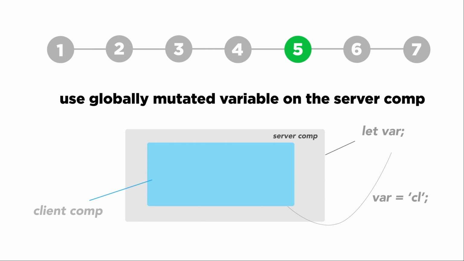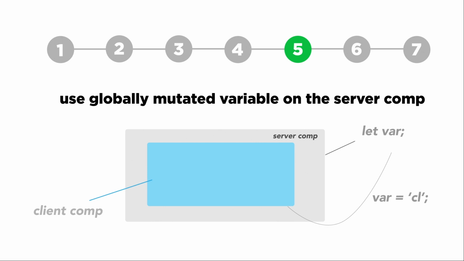Why? Because on the client components, we update states using utilities such as useState or useReducer. Let's say you want to create dynamic components.